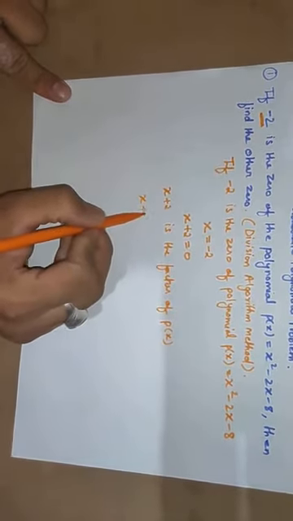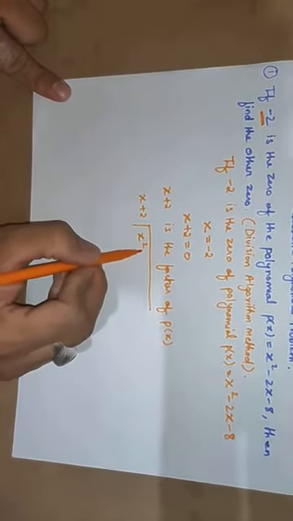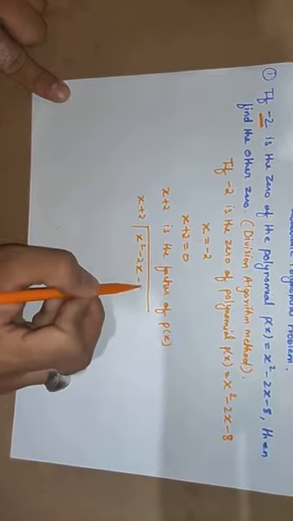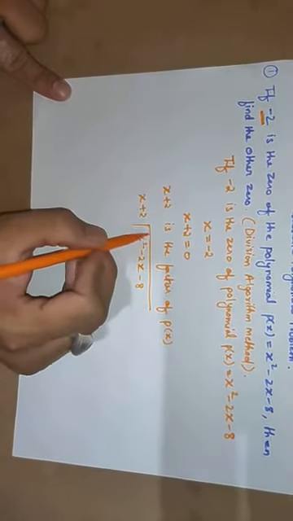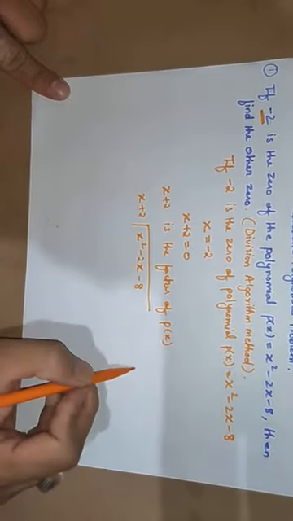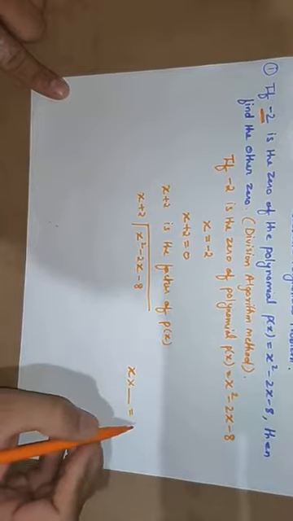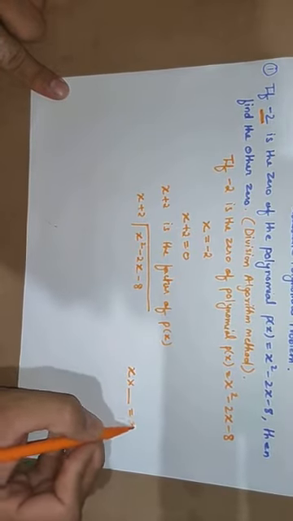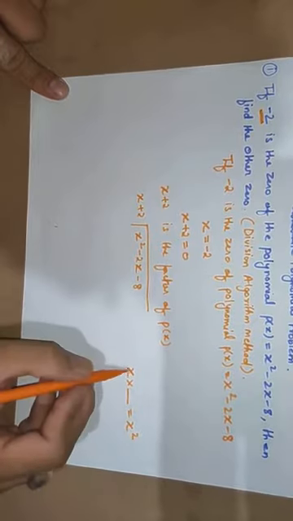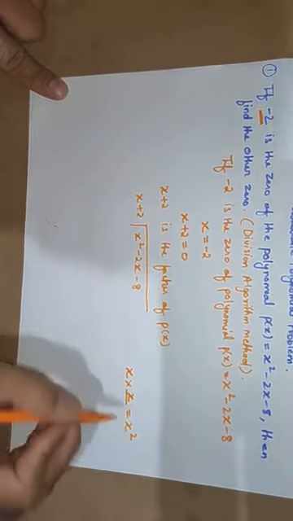We put x plus 2 as the divisor, and inside the bracket we put x square minus 2x minus 8. Now we are going to divide it. x multiplied by what should give x square? I multiply x into x to get x square.